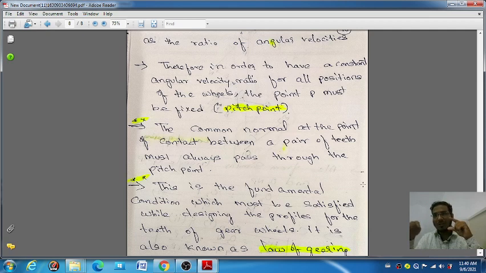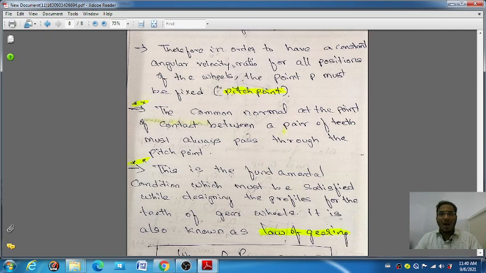The pitch point should be a fixed point, and at that point we will find the constant angular velocity. That is why we made a star mark for this point. That is the definition of the pitch point.